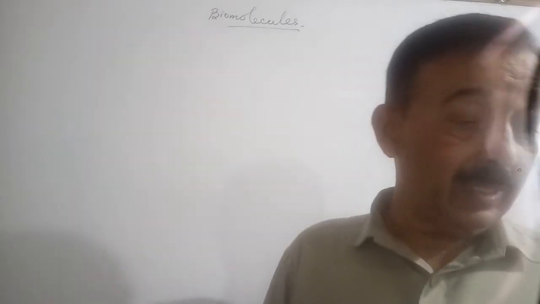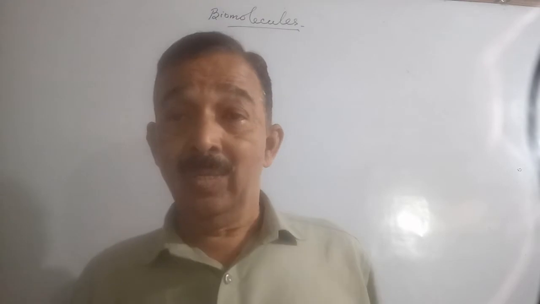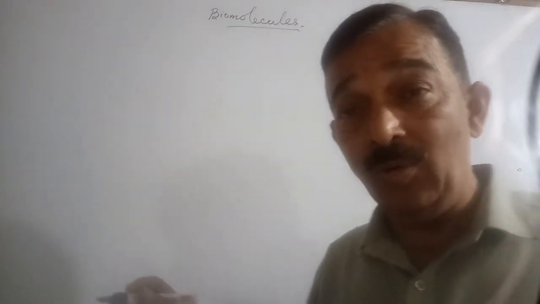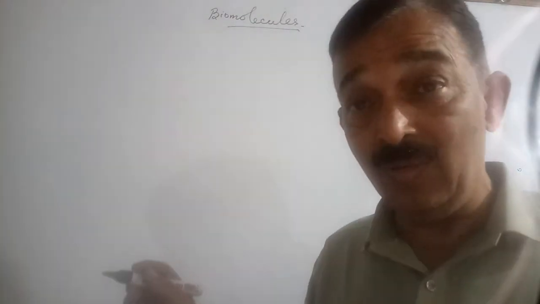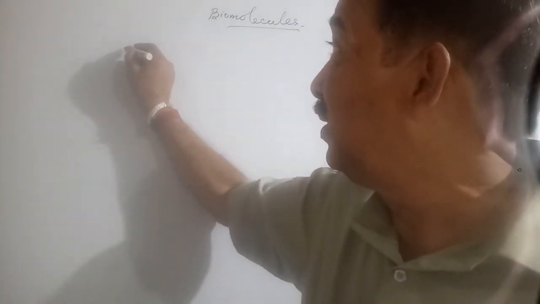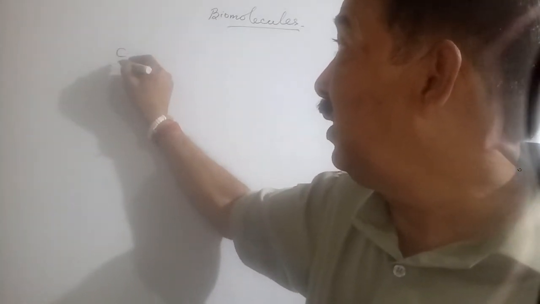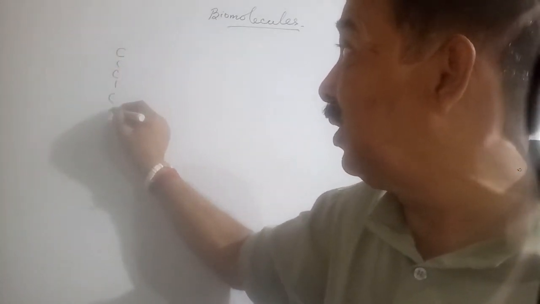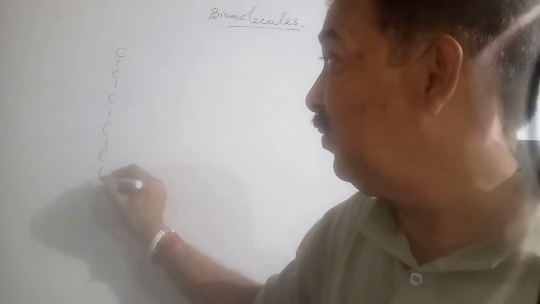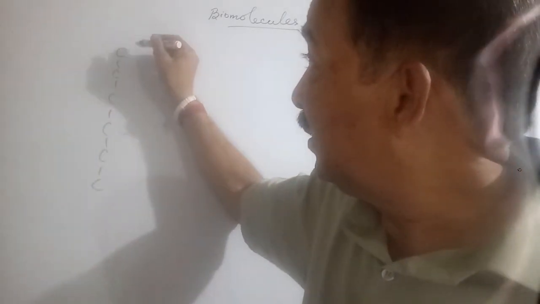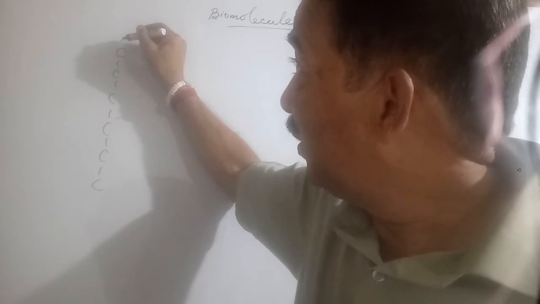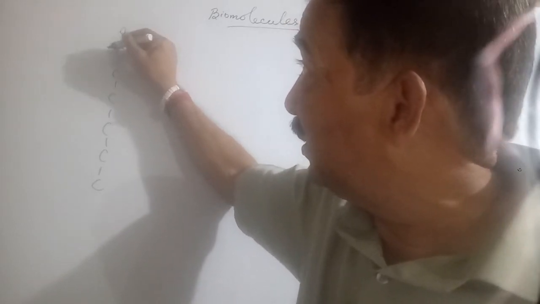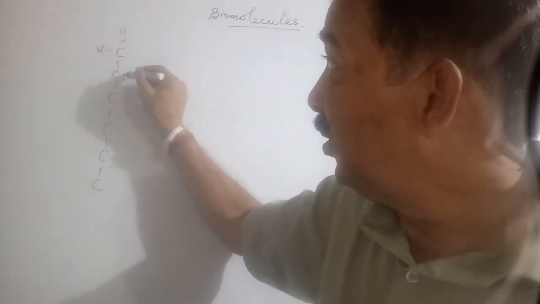Today we'll discuss the cyclic structure of glucose. Previously we have discussed the open chain structure of glucose in this way. C1, 2, 3, 4, 5, 6 is your double bond oxygen, single bond hydrogen.